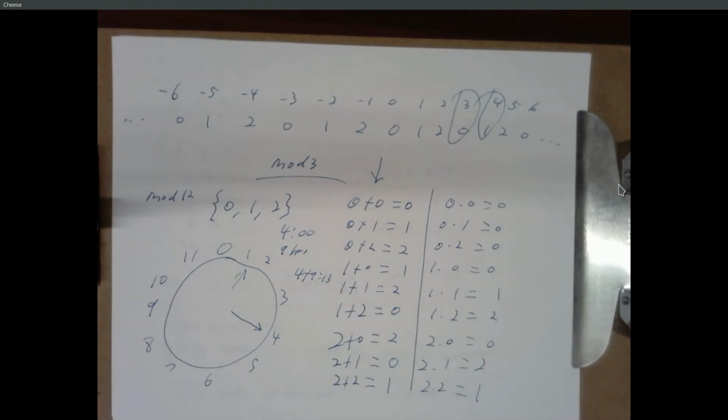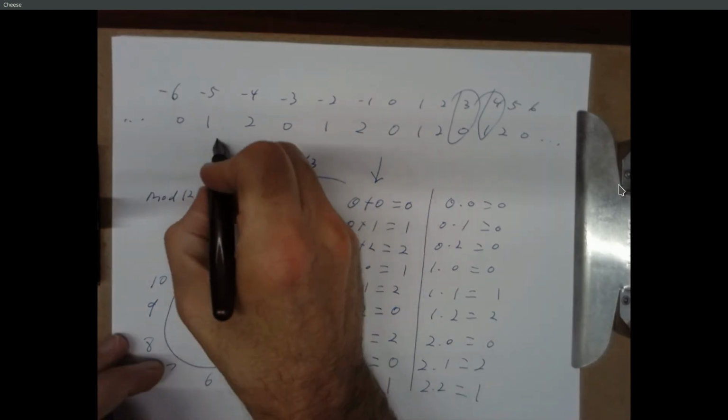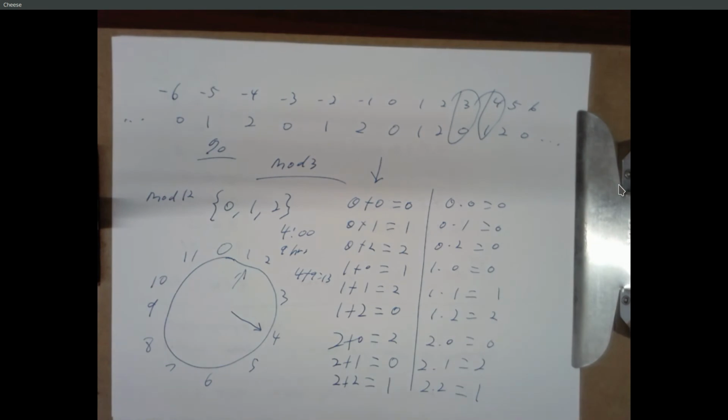And if you want to know what time it is 100 hours from 4 o'clock, it's not 104 o'clock. Take 104, divide by 12, look at what's left over. That's what time it's going to be. Whatever that turns out to be. I think it's 8 o'clock. And if you're programming in C or Java, we have this operator, a percent sign, which we can use to do modular arithmetic.